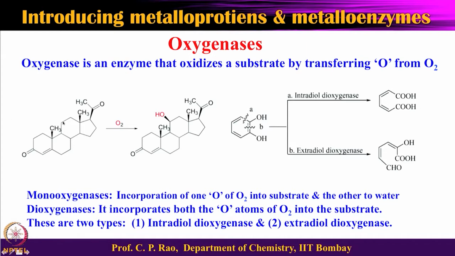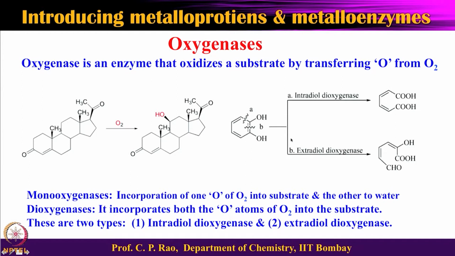Just look at an example, some kind of heterocyclic organic substrate, and this with oxygen giving the hydroxylation of this, and the second oxygen will go as water. In fact, one can use a labeled oxygen and find out the labeled water as well. So, this is called the monooxygenase because it is using only one O of the O2 to oxidize the substrate.